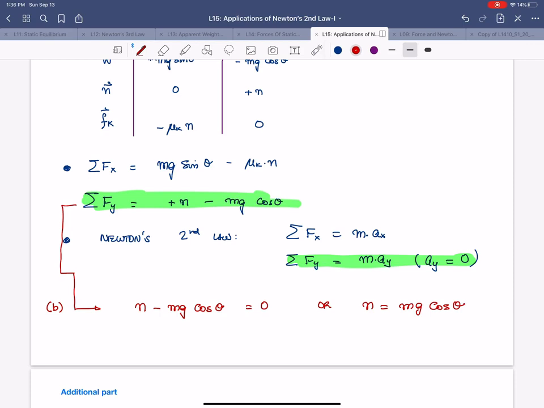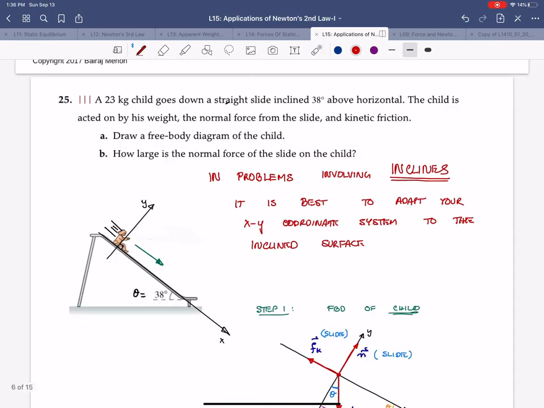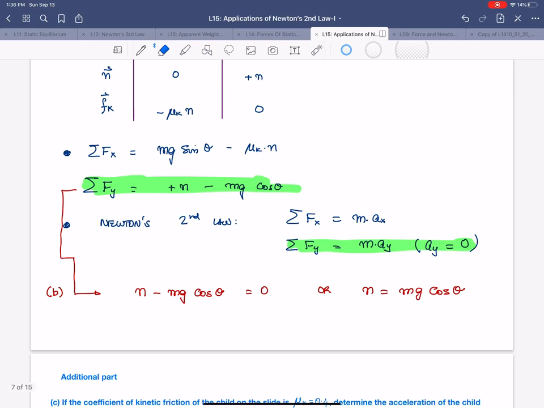Okay, and you're given the mass of the child and the angle, so you can actually go ahead and figure out this normal force. It's about 178 newtons.